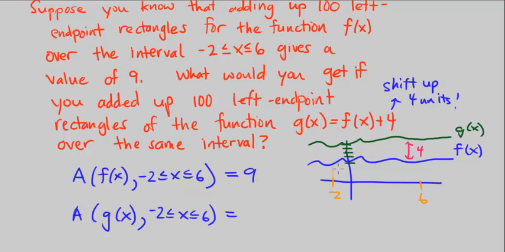If I know that the area under f of x from -2 to 6, in orange here, is 9 units squared, what is going to be the area under g of x all the way from -2 to 6? Well, all we're doing is shifting it up 4 units.